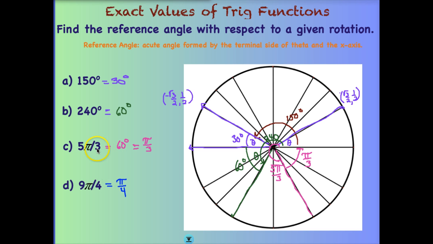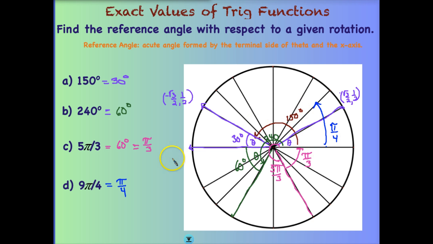Using the same logic we did in C, if you look at D, because the denominator is 4, the reference angle would have to be pi over 4, which you know as 45 degrees. If we were in fact to rotate around, we would end up with 8 pi over 4 here back at the origin, and then another pi over 4 would take us right up here to this terminal side, and this distance in here is just pi over 4, or 45 degrees.